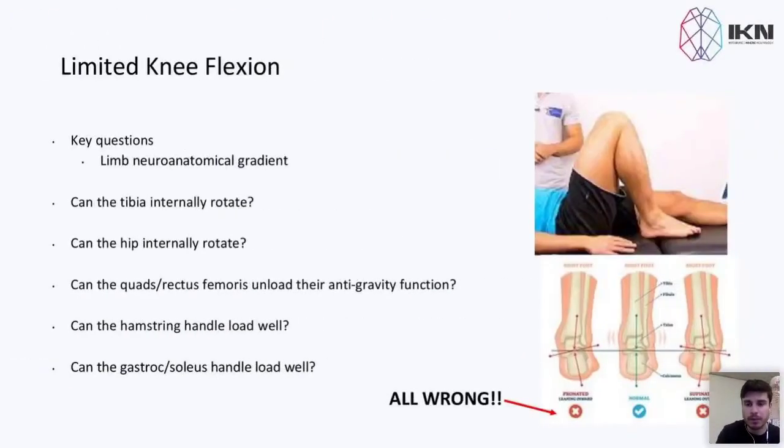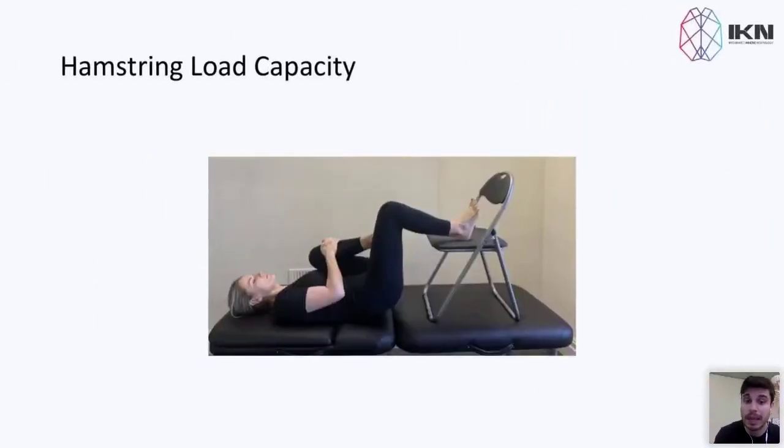Maybe they're 2 fist widths away from the glute, so 20 centimeters. A fist width is about 10 centimeters. That means their quadriceps can regulate to a certain extent, but they feel pain at the end range of knee flexion. In that scenario, they'll probably be able to get into this position quite fine.